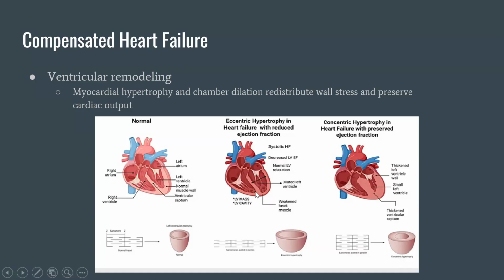The wall doesn't get thickened, the sarcomeres get longer, and that leads to the dilation. Concentric hypertrophy is heart failure with preserved ejection fraction, and you'll see this thickening. So diastolic filling problems are the primary problem.